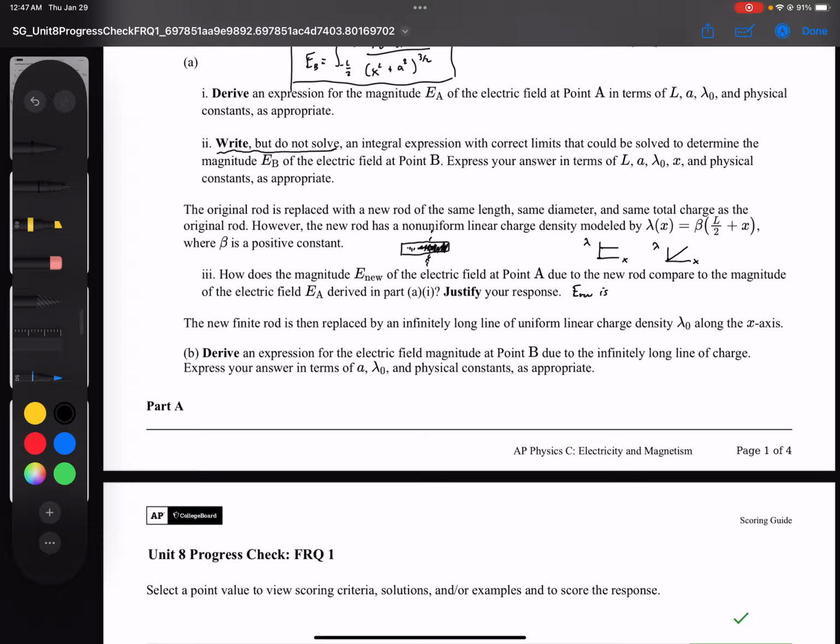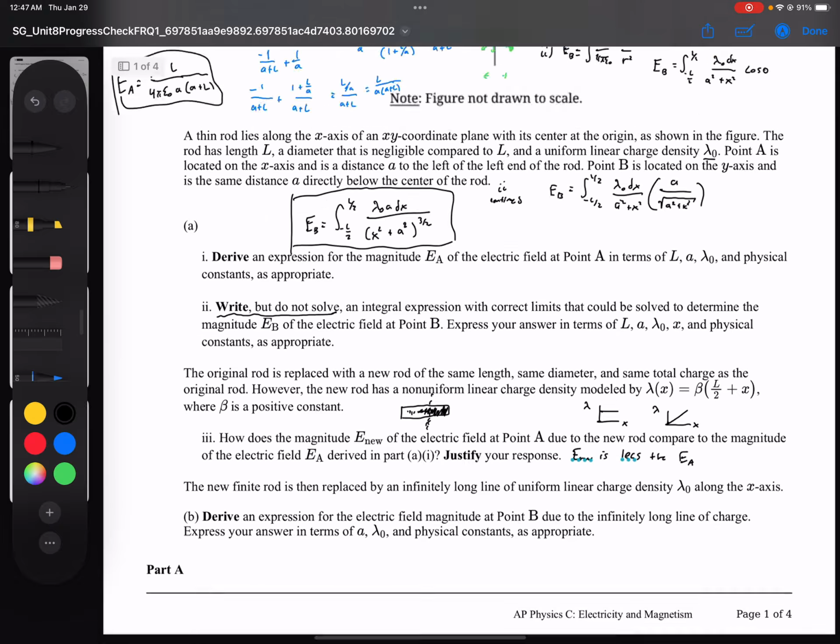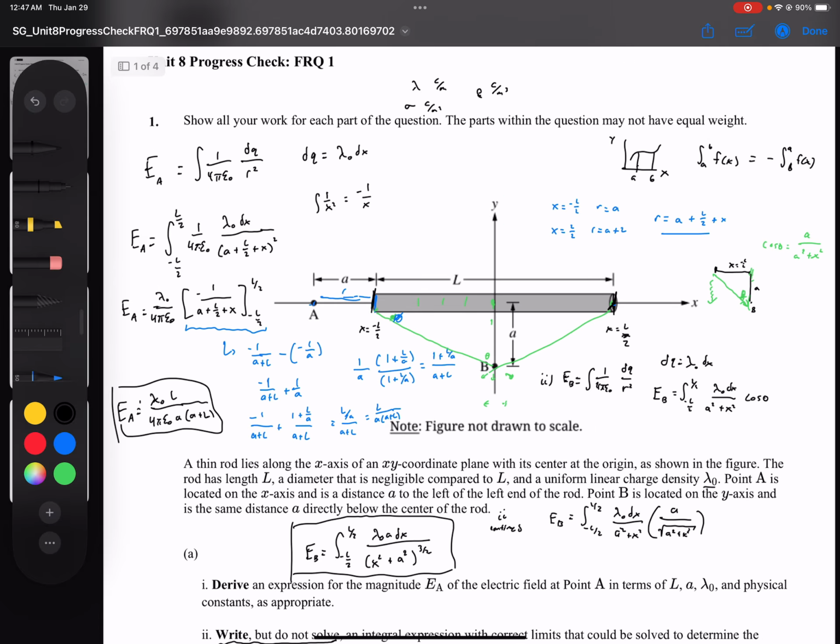And the justification for this is basically, as I integrate across this rod, the total charge remains the same, but now more of the charge is further away from point B, because here it was totally symmetric across the y-axis.